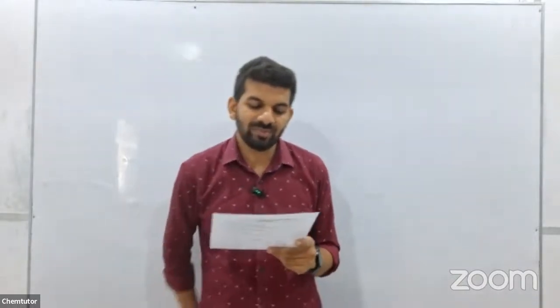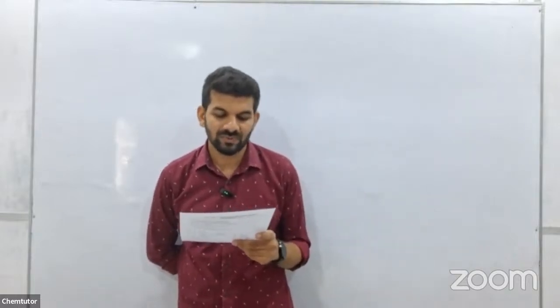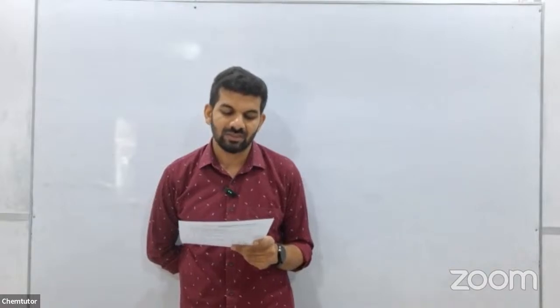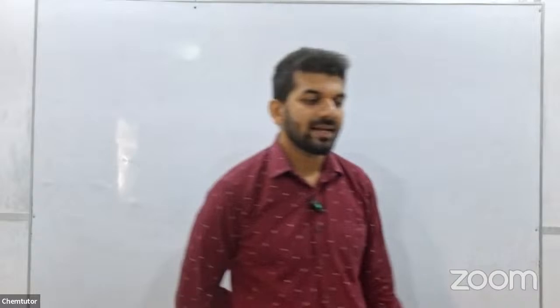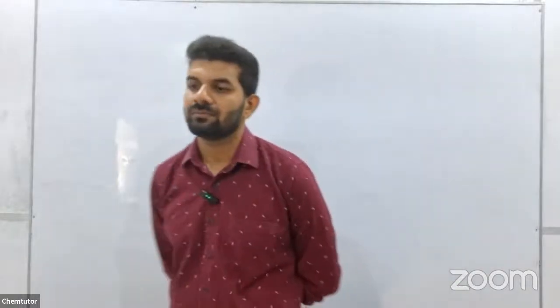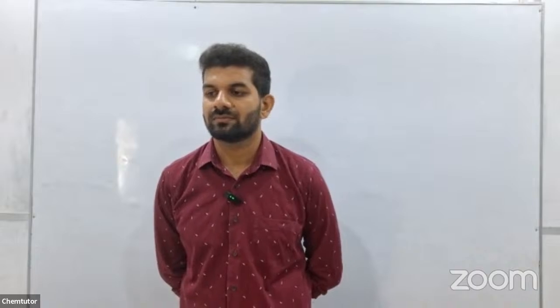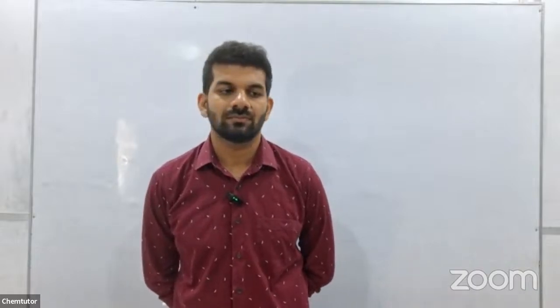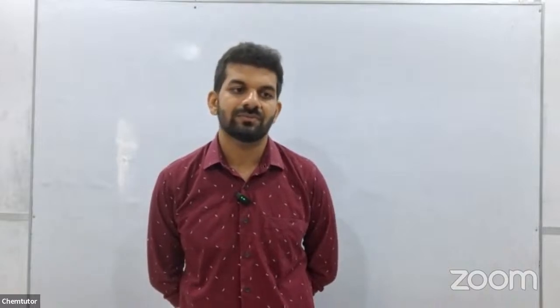Now, identify A and B by explaining each conclusion. So we have to explain each of these observations. First one, we can say the group 1 cations are not present, because no precipitate was observed.